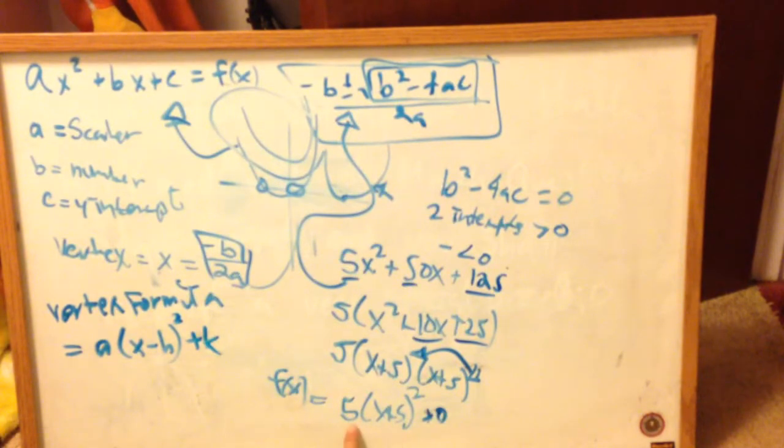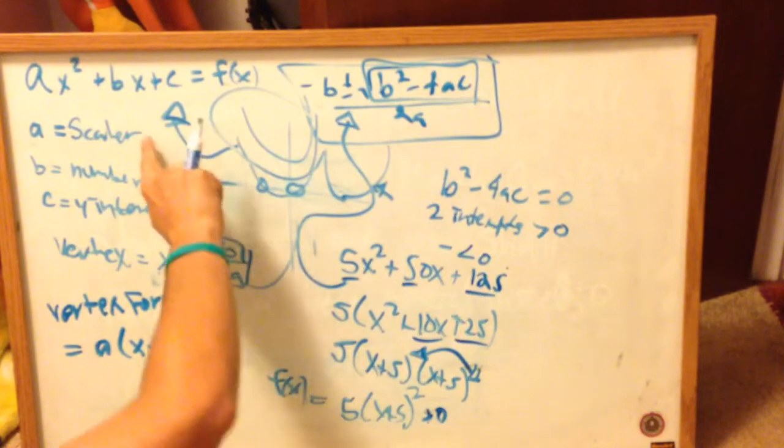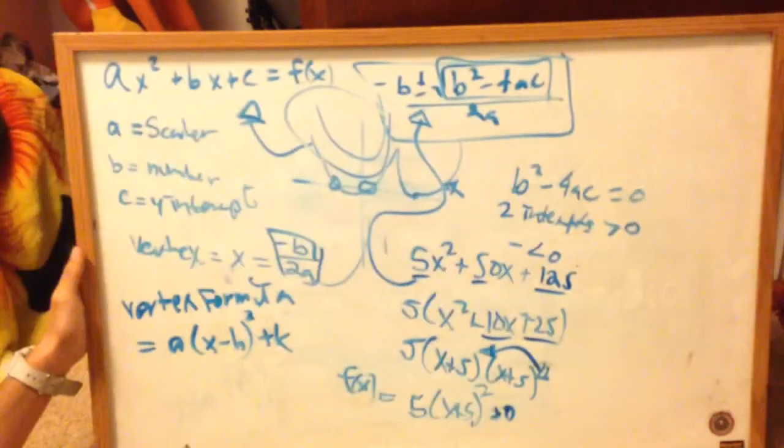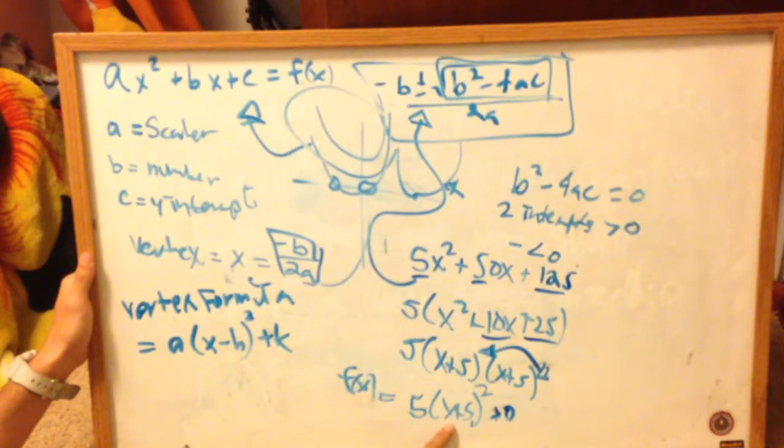In this case, 5 is your a, your scalar, hence why I called it a scalar in the beginning. X plus 5, well, what's the opposite of h? Negative h. Therefore, our h here is technically negative 5. How about my k? Do I have a k? Yes, it's a 0.